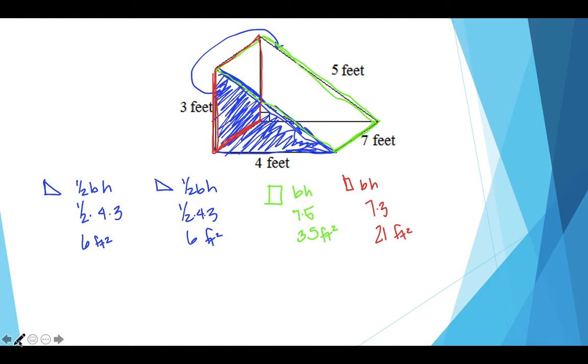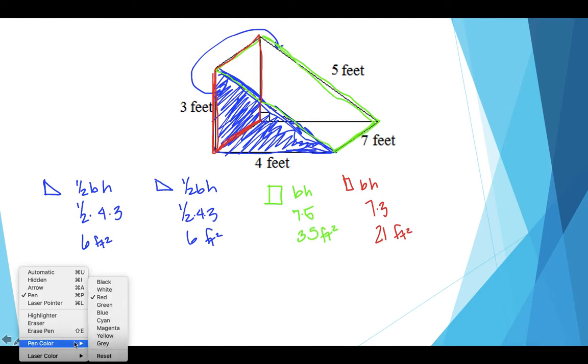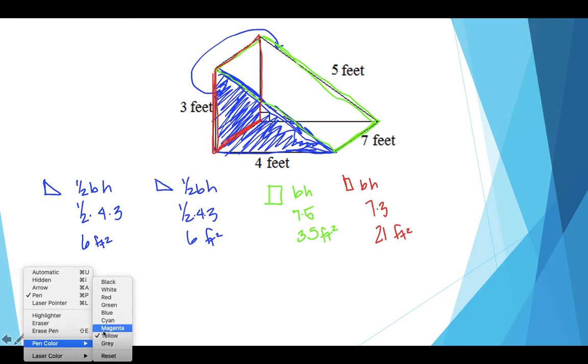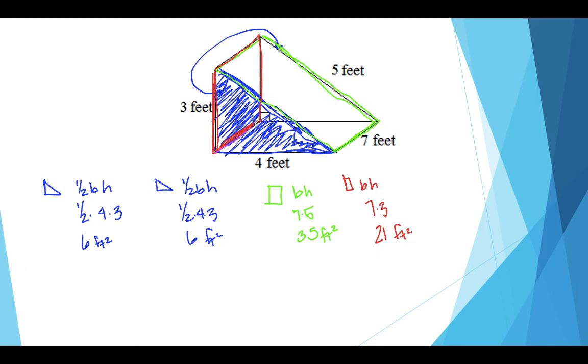And then we have one more rectangle. Let me use yellow. Actually, that's kind of hard to see. I'm going to use the magenta. The last one is going to be the bottom rectangle. So I'm highlighting it in this purpley, magenta, pink kind of color. You can see. And that's another rectangle. And this rectangle is 4 by 7. So that's base times height, 4 times 7, and that's 28 square feet.